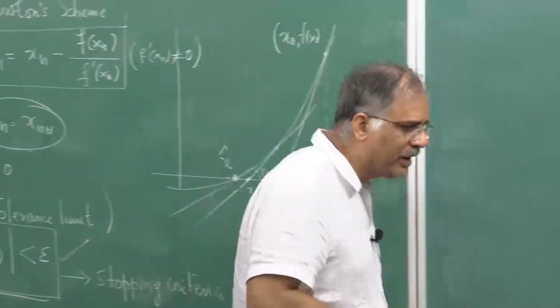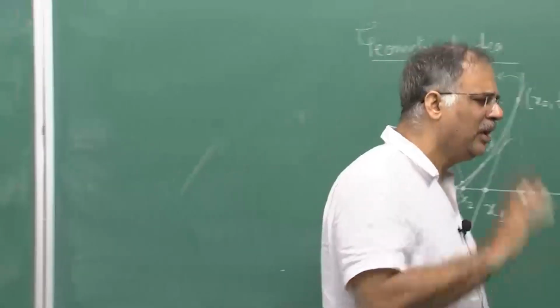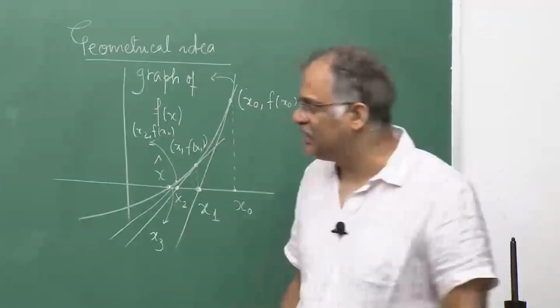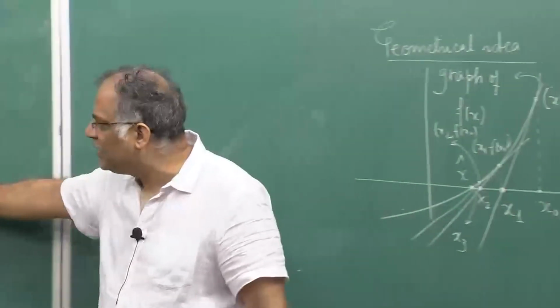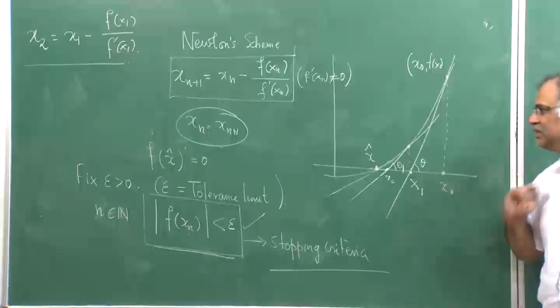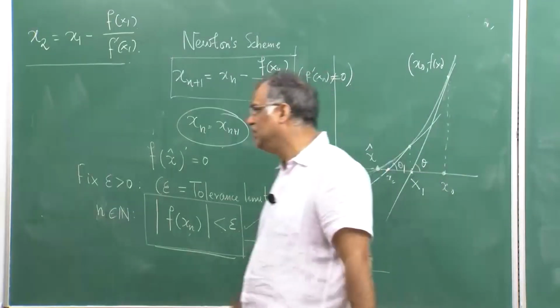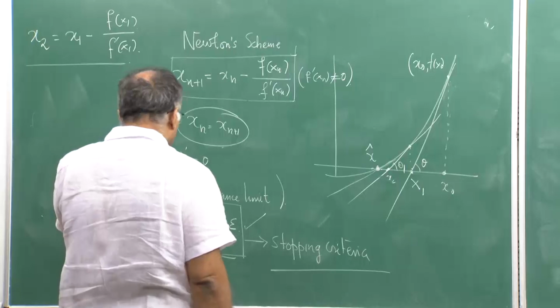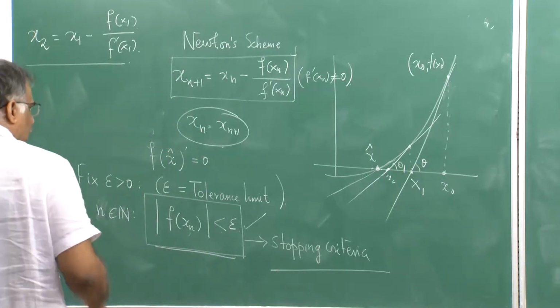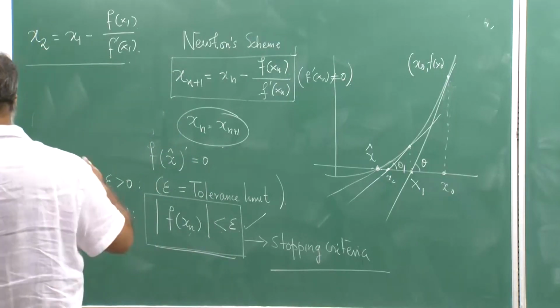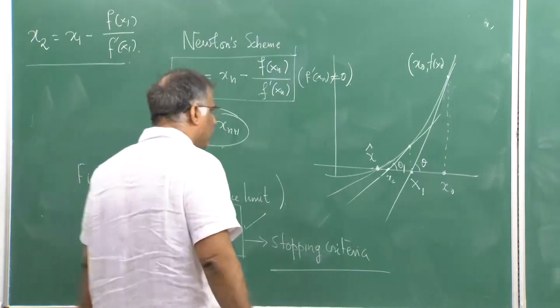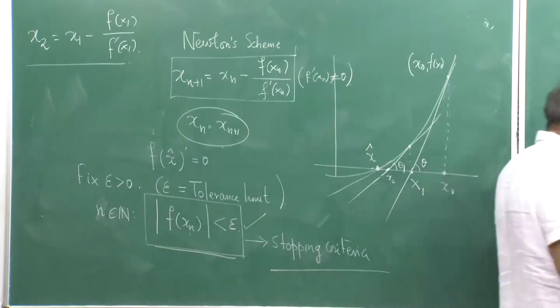Sometimes from the graph you might get an idea of the solution, sometimes not, but you can see in which part of the graph the function is very near 0, and then you can start somewhere nearby. This is what one has to do when one really goes for an implementation.